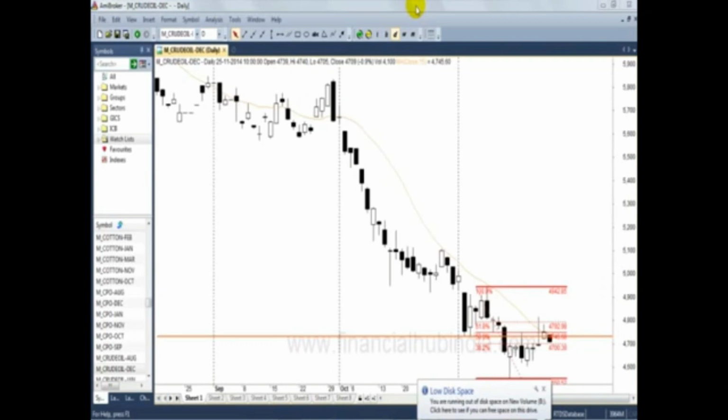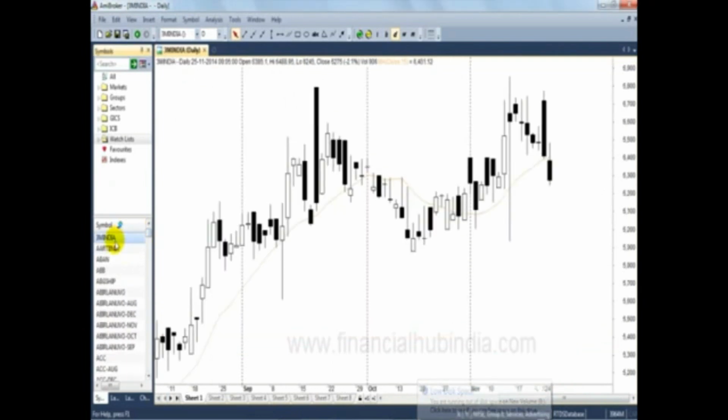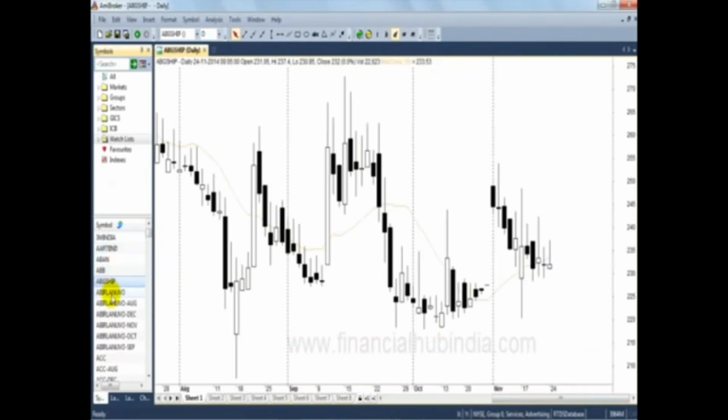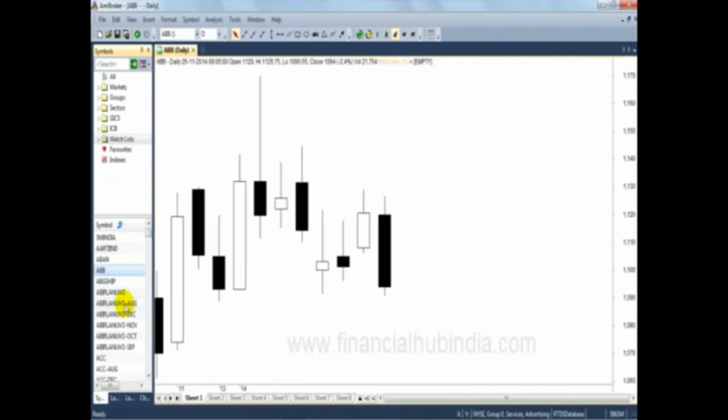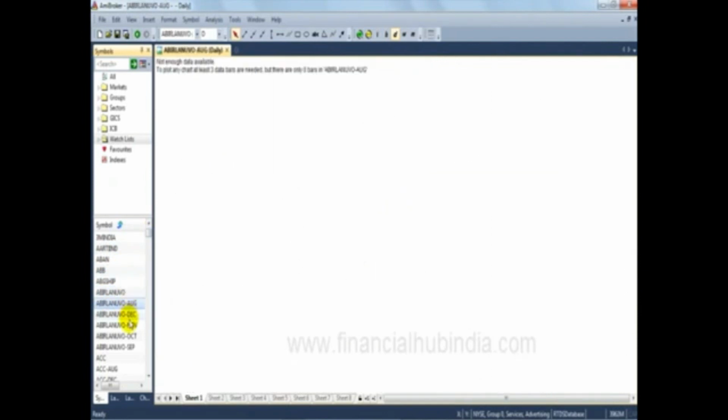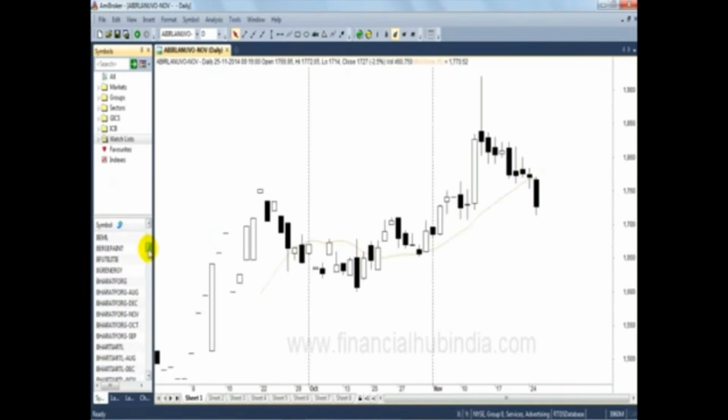As you can see here, I have all the Indian stocks. You have the equities, you have the futures. If you go down, you can see commodities out here.